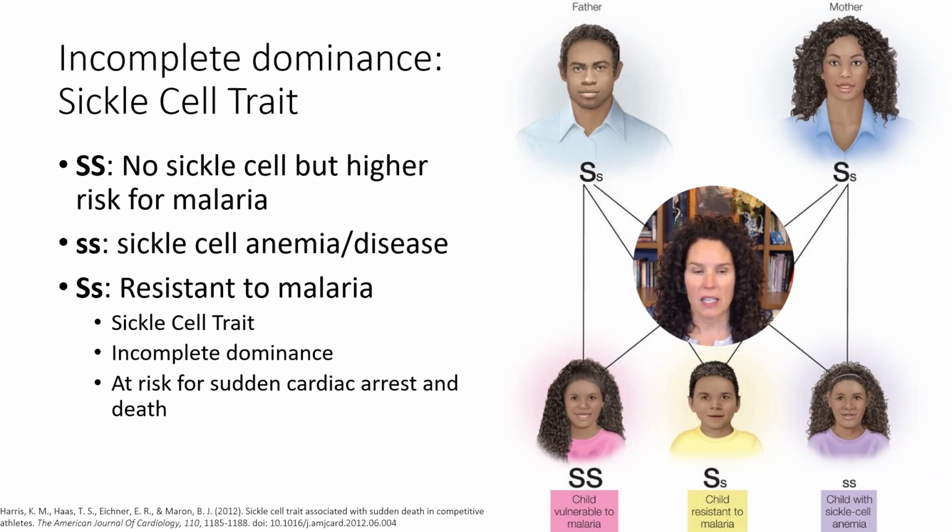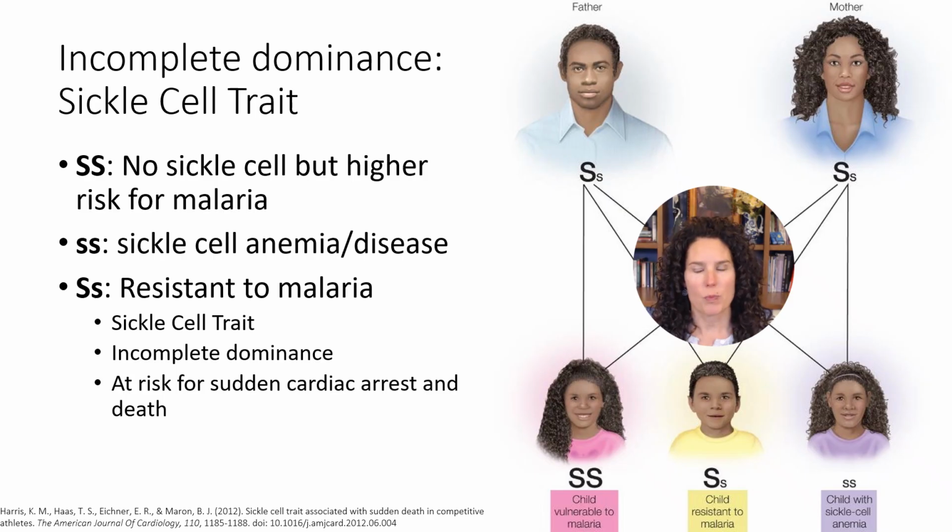It's called sickle cell anemia or disease because the cells take a half moon shape, and those can clog the veins and lead to risk of heart failure. So the child in the middle isn't as likely to experience full sickle cell disease and cardiac arrest, and is more resistant to malaria, but under extreme heat and extreme exhaustion from physical exertion, can experience cardiac arrest.